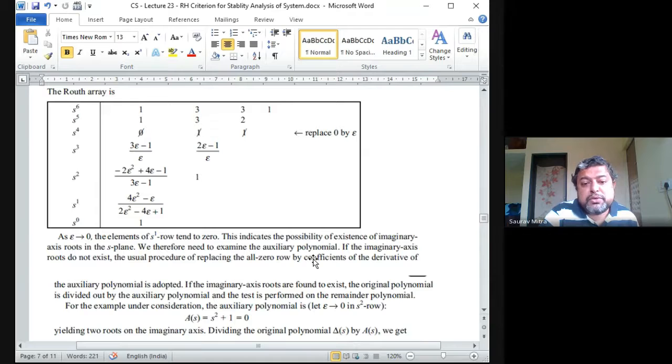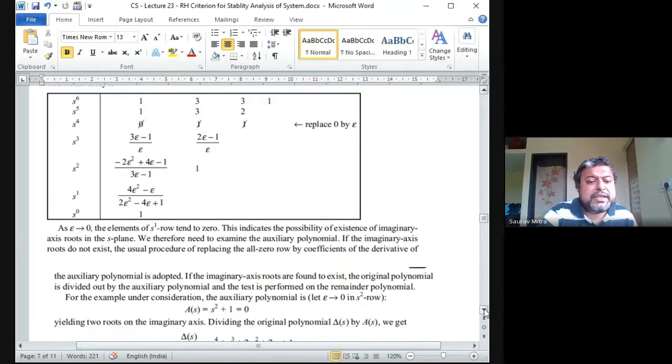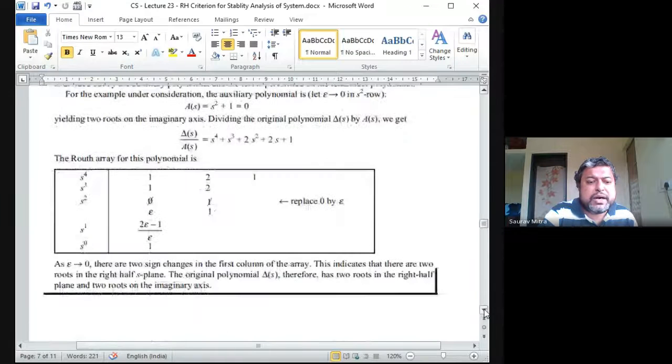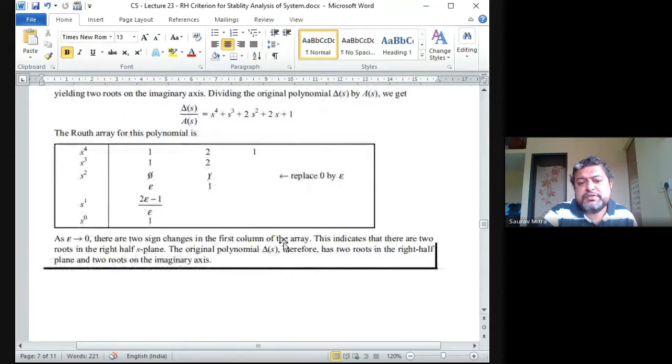We therefore need to examine the auxiliary polynomial. But in this case, what I find is 3 epsilon minus 1 divided by epsilon, which is itself going to be negative. Then the system is unstable. There are two sign changes in the first column of the array. This indicates that there are two roots in the right half of the S-plane, and the system is unstable.